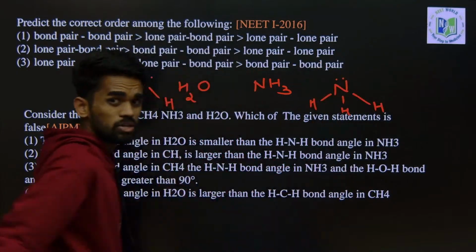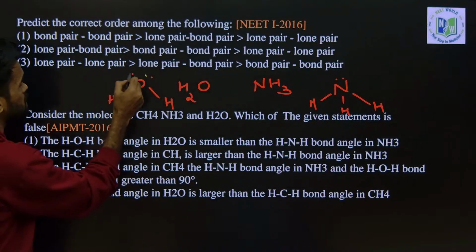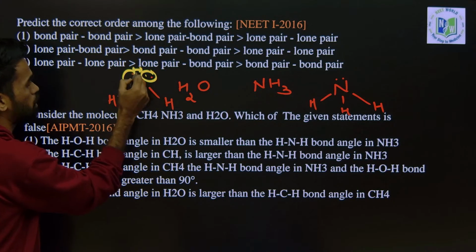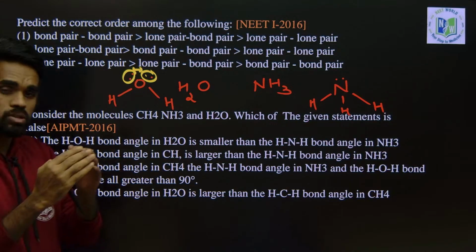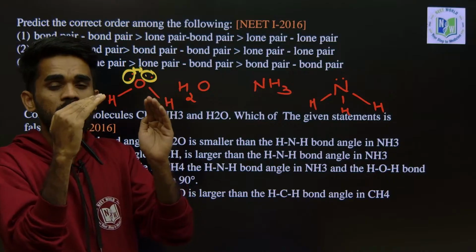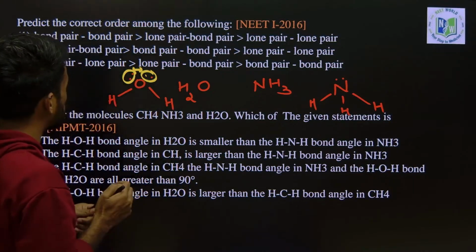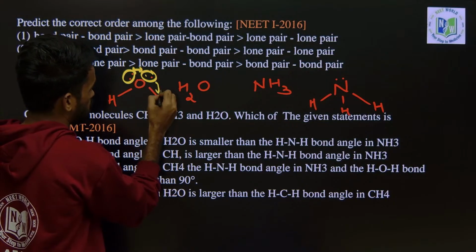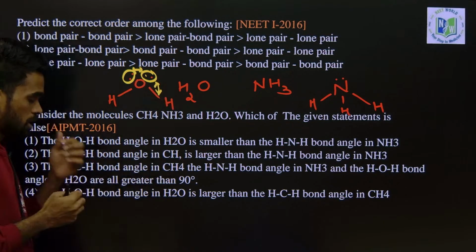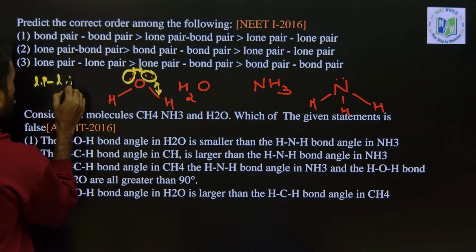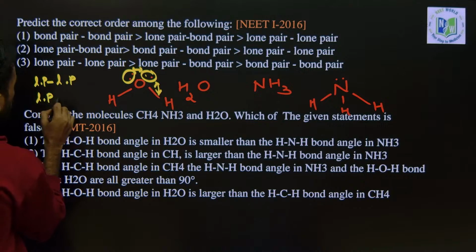Due to the presence of these lone pairs, there will be maximum repulsions between lone pairs. Due to that, lone pairs will be placed as far as possible, and lone pairs also exhibit repulsions with bond pairs. Therefore the maximum repulsion is seen for lone pair-lone pair, after that lone pair-bond pair, and least is for bond pair-bond pair.